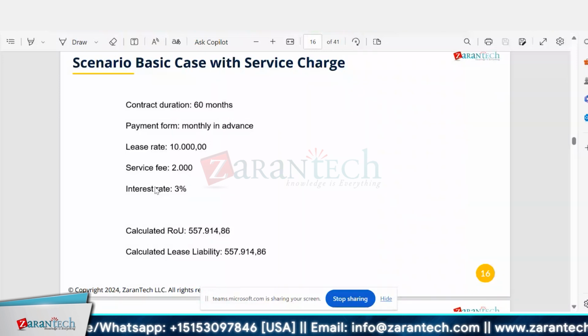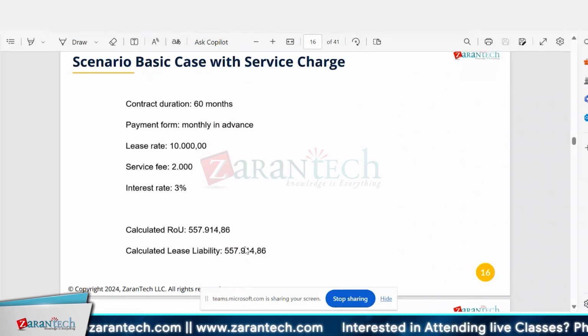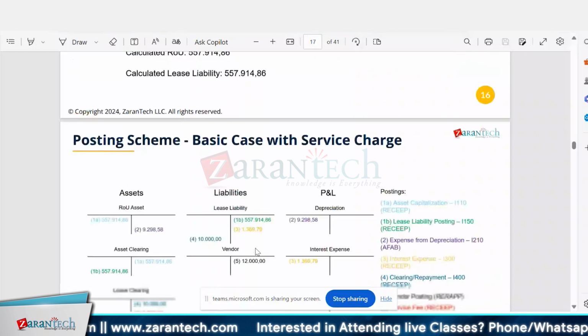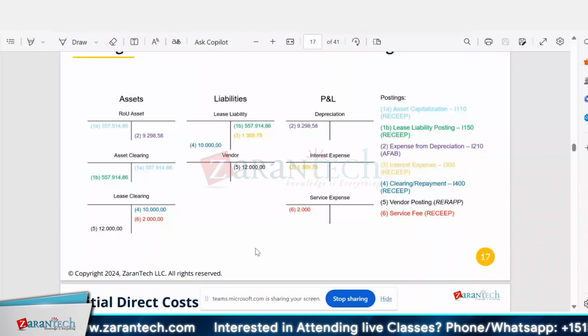So if you see this scenario, the monthly payment is the same, just the service fee has been added. Now the service fee which is there is not considered under your ROU, neither your lease liability, because it will be your expense account. So if you see over here, service expense account debit and lease clearing account credit.